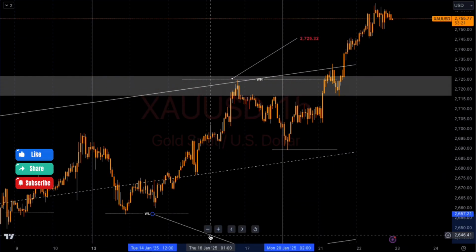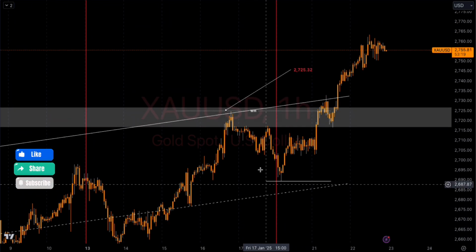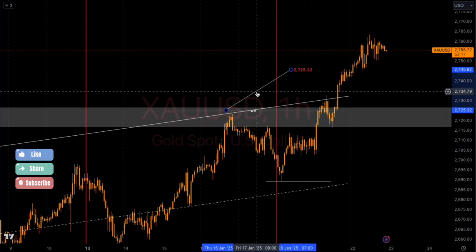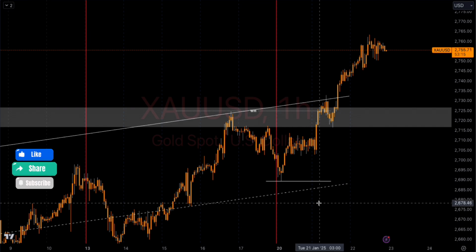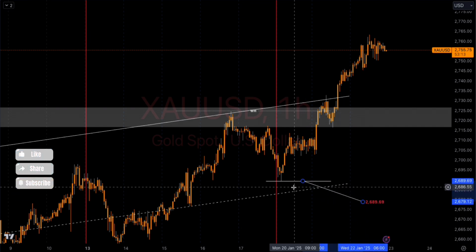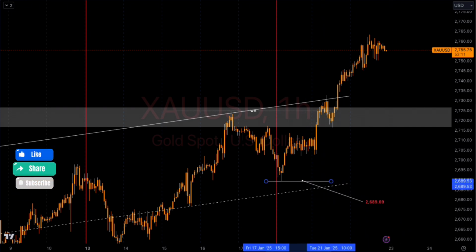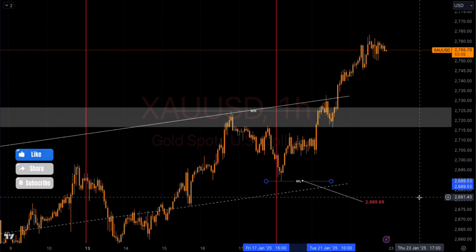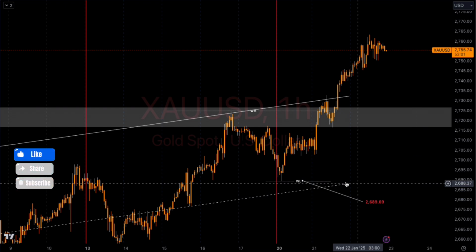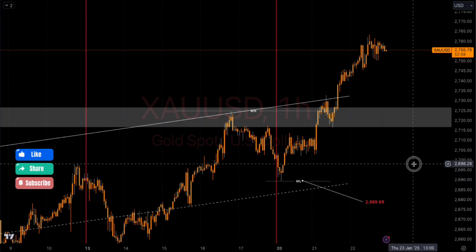Let me just put a little label on that for future reference. Weekly low. And that level is 2689.69. So this level, I don't think price is going to get anywhere near it.